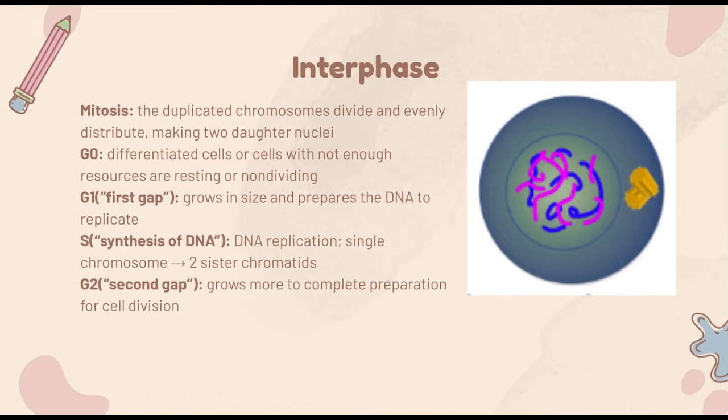In the G0 step of interphase, differentiated cells or cells with not enough resources are resting or non-dividing. These types of cells can be stem cells or cells like nerves. If a cell has enough resources and the right conditions, G1, or the first gap, happens.